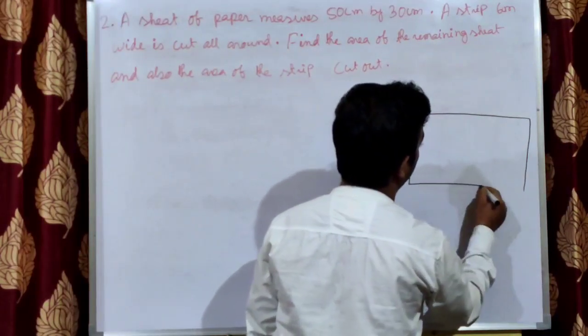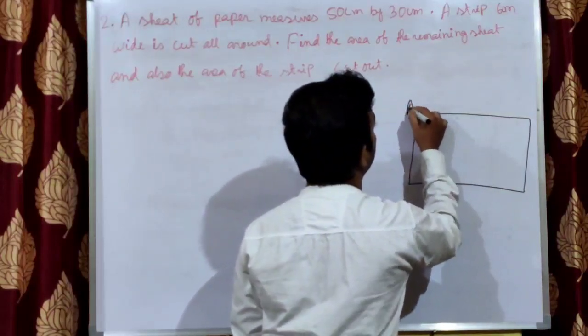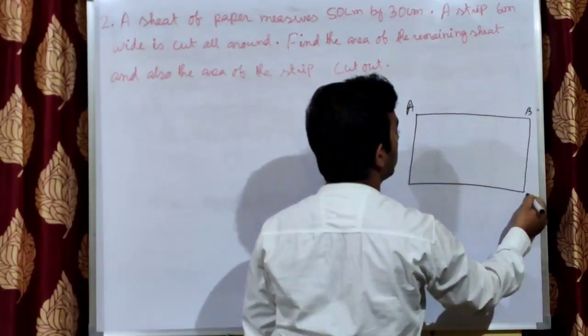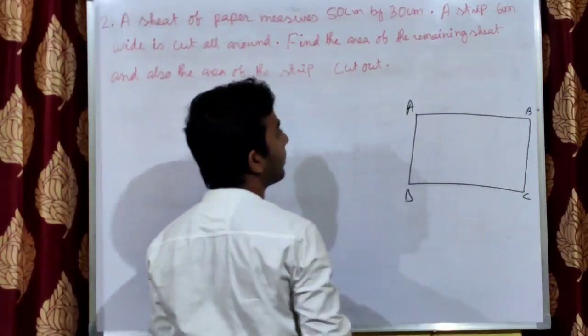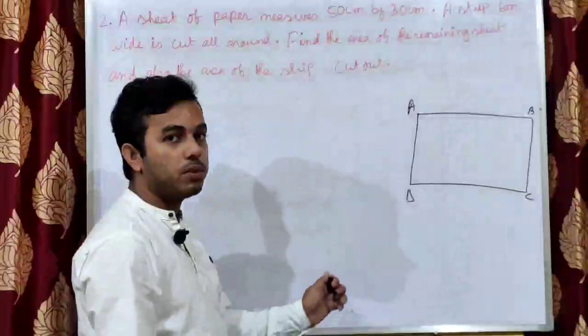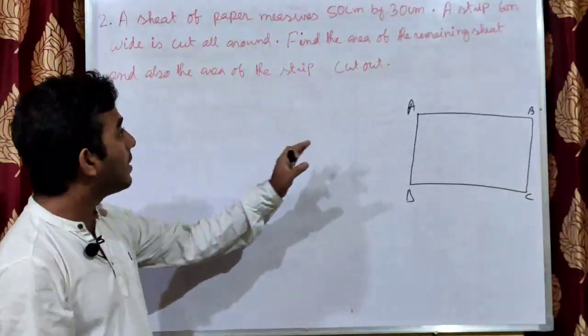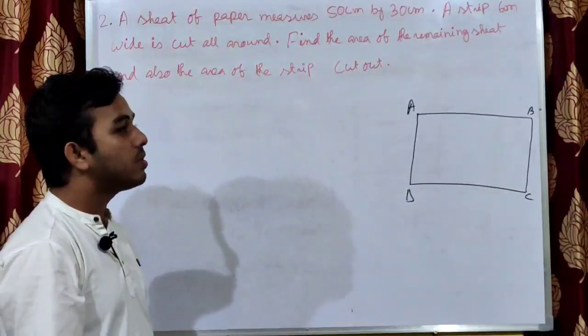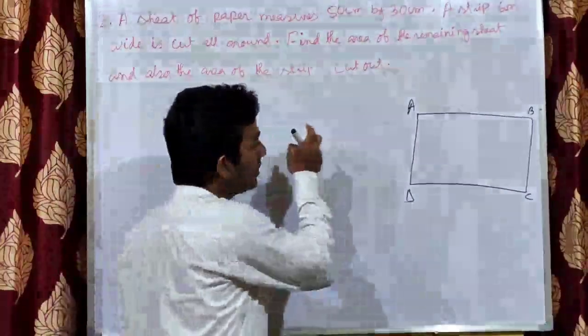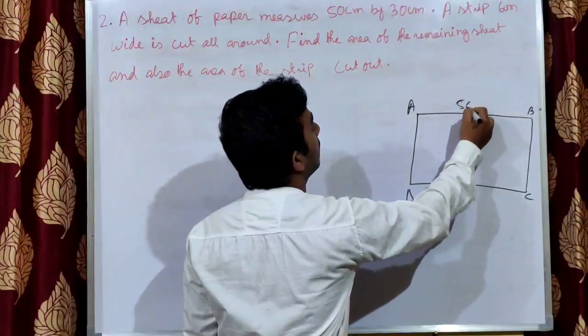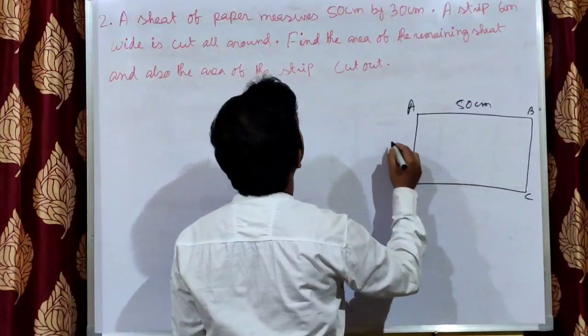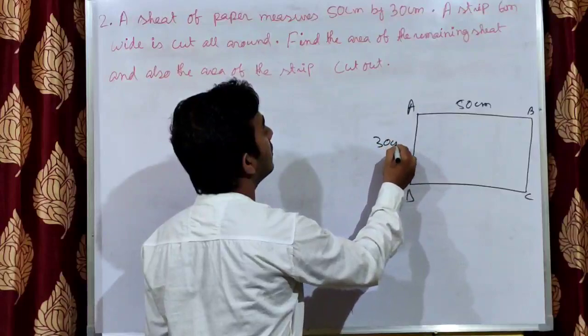So we have drawn a rectangle, that is A, B, C, D. I hope up to this clear. Then a strip 6 meter wide is cut around. That means we have cut around 6 centimeter. This is how much? 50 centimeter, and this is 30 centimeter.